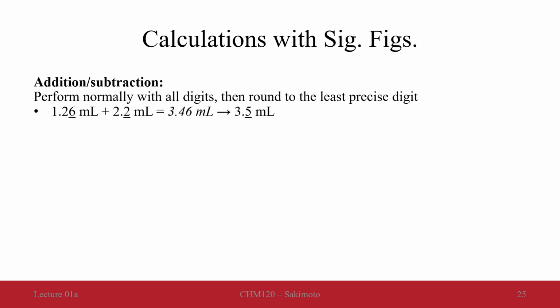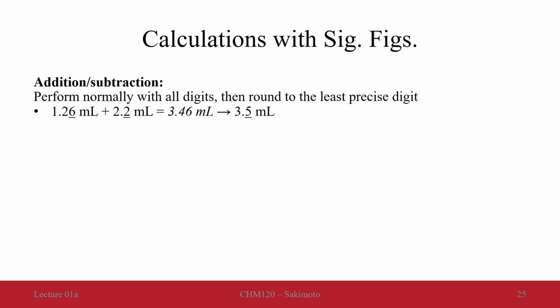What that looks like in practice is, let's say I add 1.26 milliliters. Here the lowercase m, capital L stands for the volume measurement of milliliters. If I add 1.26 milliliters plus 2.2 milliliters, I can calculate a new combined volume.